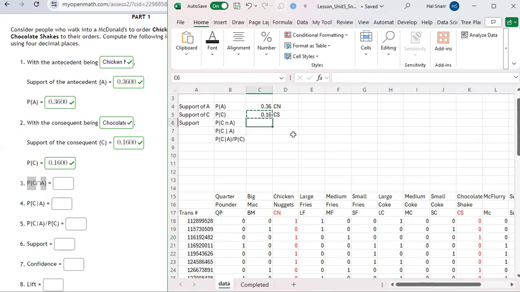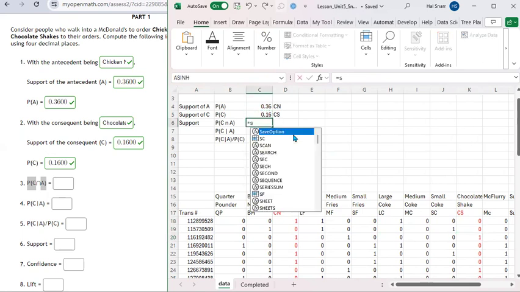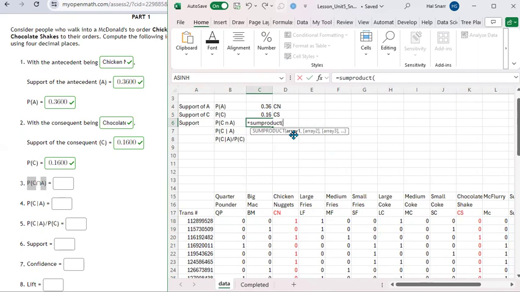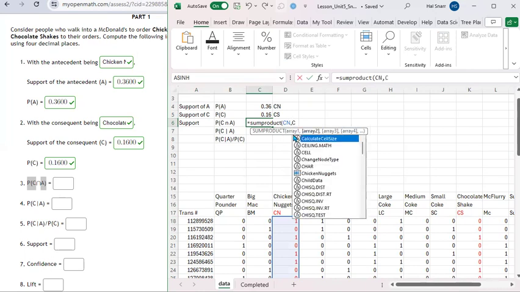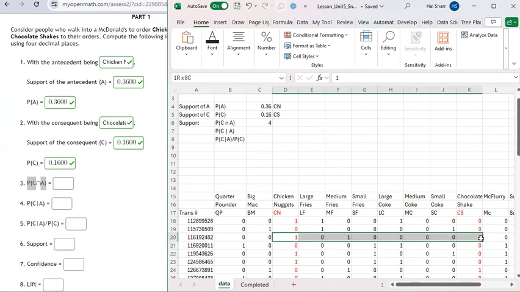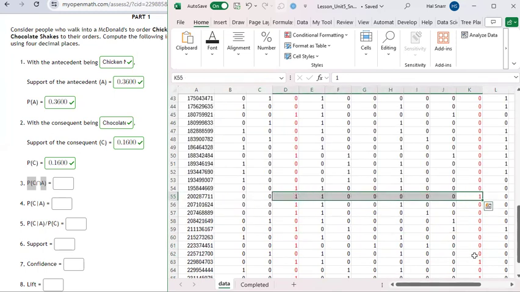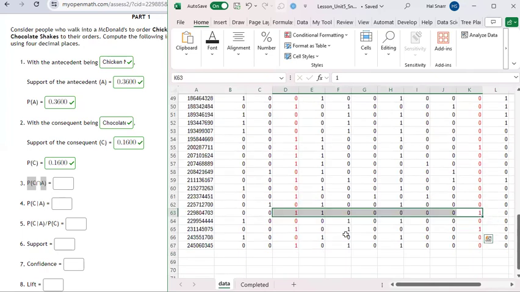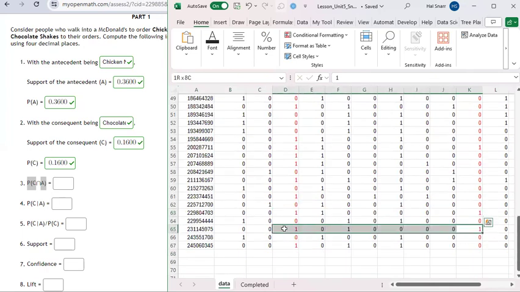And there's an Excel function for that. It's called SUMPRODUCT. So the first thing I want to do is put in the CN column, the chicken nugget column. And then I want to put in the CS column, the chocolate shake column. And this is going to give me the number of times 1 shows up simultaneously in these two columns. There's one of them, there's the second one, the third one, and the fourth one.